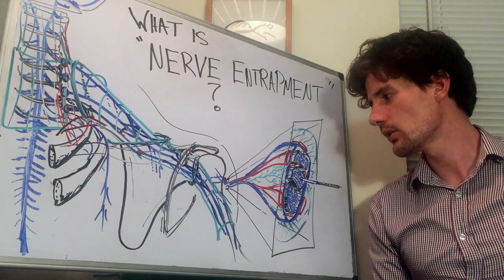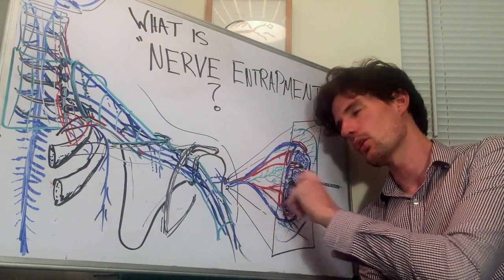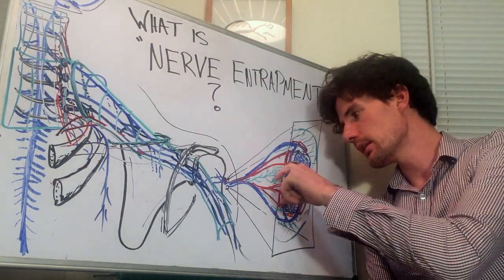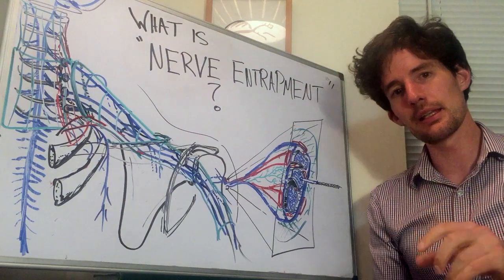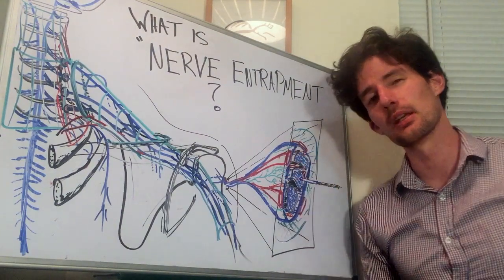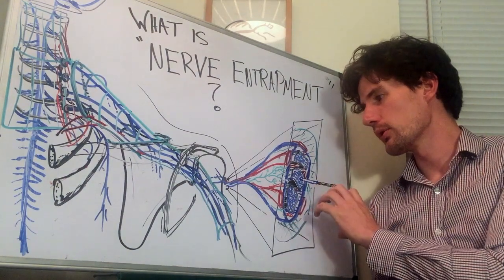The last thing to notice about a peripheral nerve locally is that it has its own nerve supply. Nerves have a tiny little nerve supply which helps regulate the blood vessel diameter and also regulate the immune activity locally at the nerve. So that's what's happening at a nerve locally.